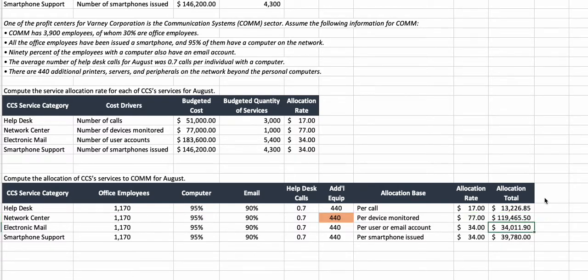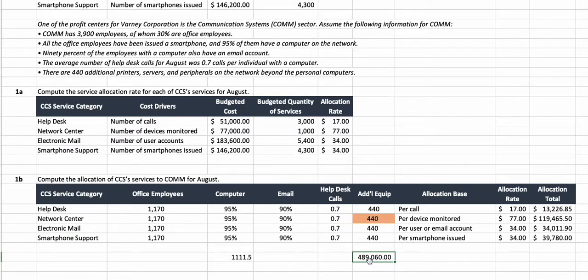If I wanted to do this with interim calculations, then again, I can grab my universe and I want to multiply it by just the 95%. There you go. Now I want to add in my 440. Oh, one moment, I multiplied that. Let's add it this time. There we go.